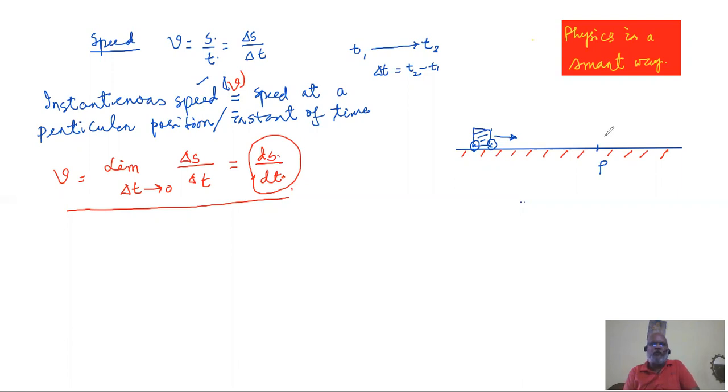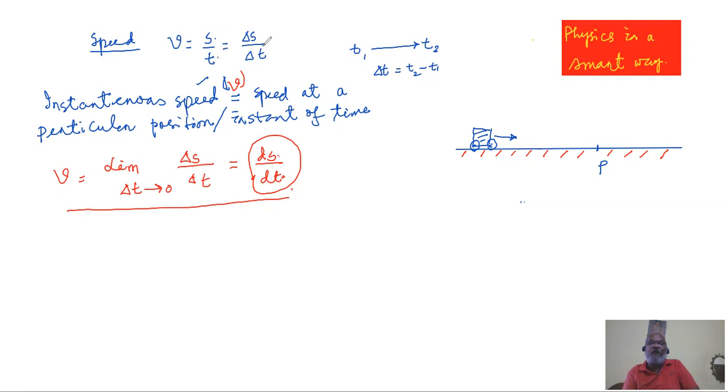You may pause the video and think about that. Speed at a particular point has got no way to be determined. Nobody can determine it. Maybe God, we do not know the attributes of him or her. But at a particular point, speed cannot be found out because you cannot find any s or t.